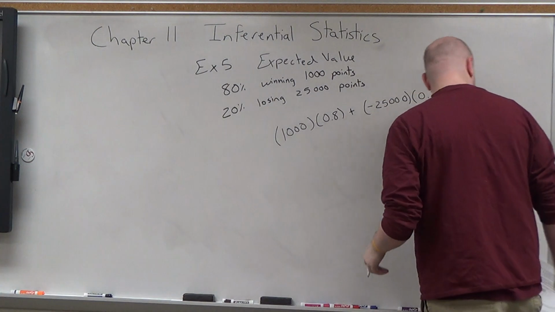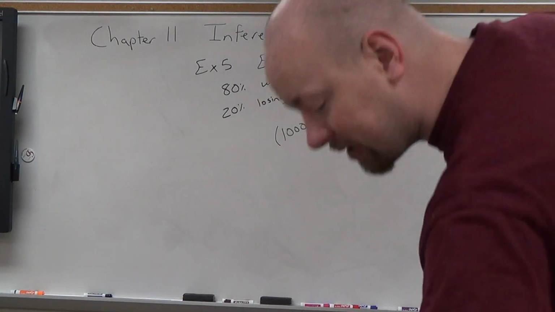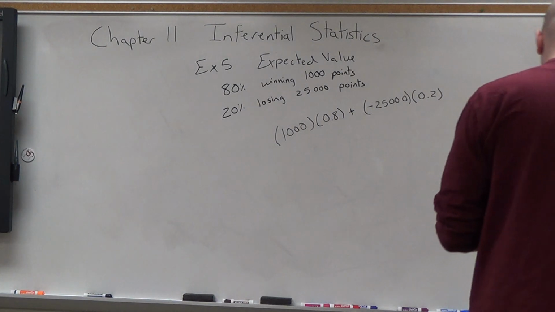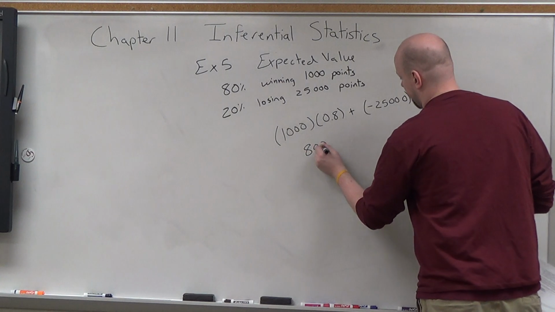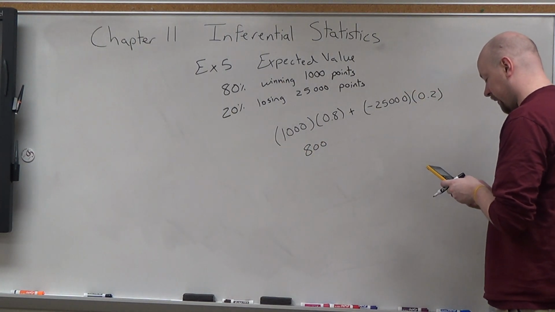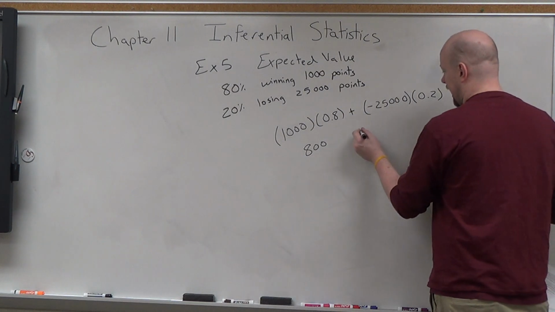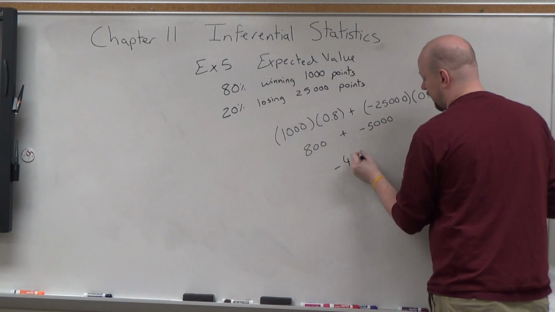So 1,000 times 0.8 would be 800. And then I get 0.2 times negative 25,000, which would be negative 5,000. So my expected value would be negative 4,200.